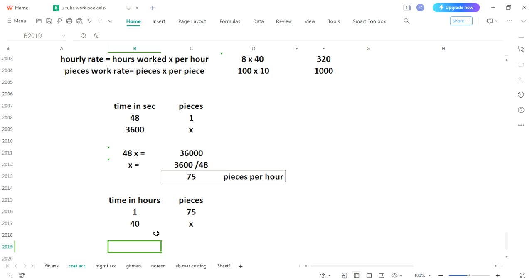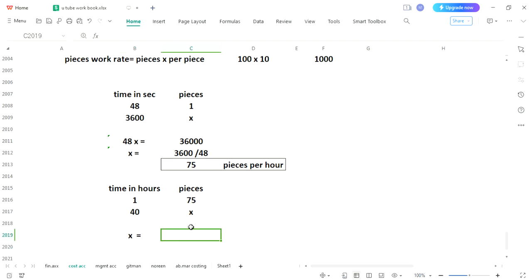Again the same procedure. There will be a cross multiplication, x will be multiplied by 1, we will get only x, and on the other side 40 would be multiplied by 75. Next we can calculate it, 40 multiplied by 75.